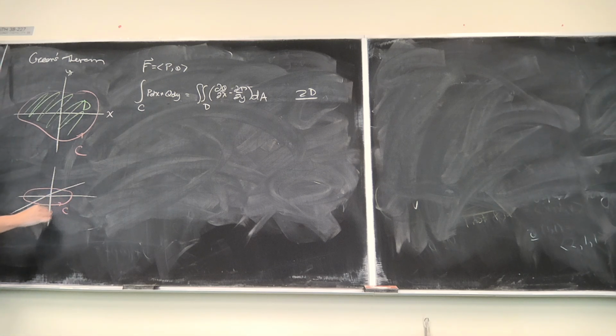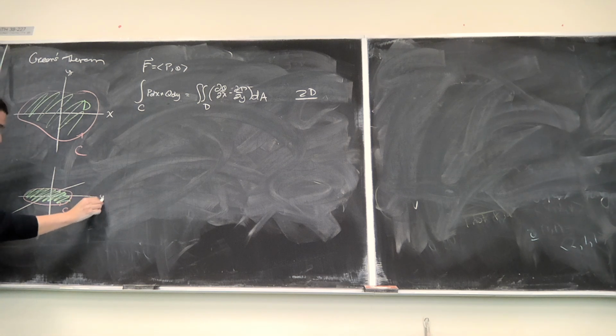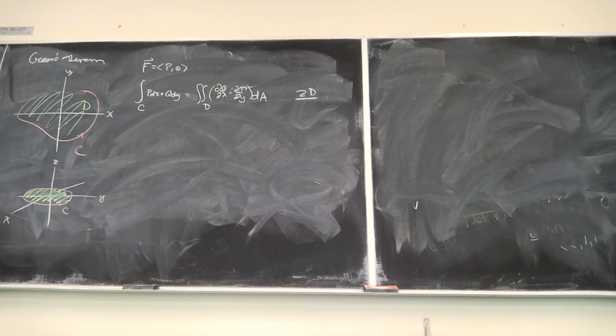Now there's my boundary curve C. It's still filled in with a flat area. Now we're in the x, y, and z planes. It's still true that the circulation in the interior of that flat set, the rotation in the interior, is equal to circulation in the boundary, because this is still a 2-dimensional setting. Still 2D. Green's theorem still applies.